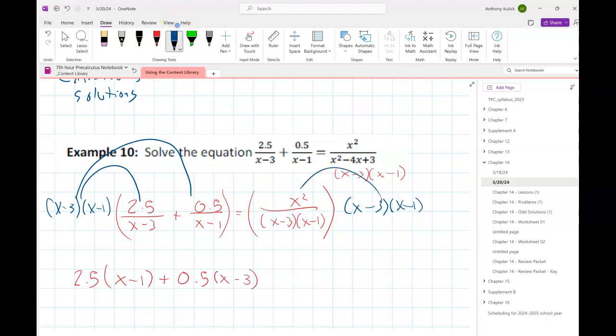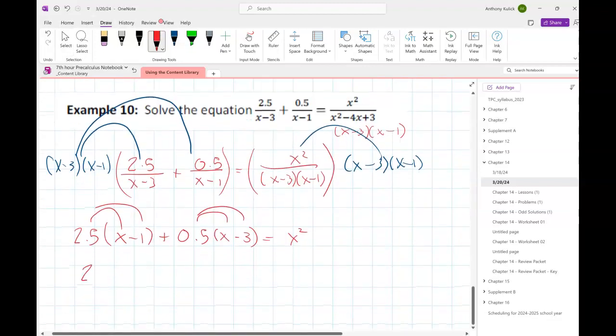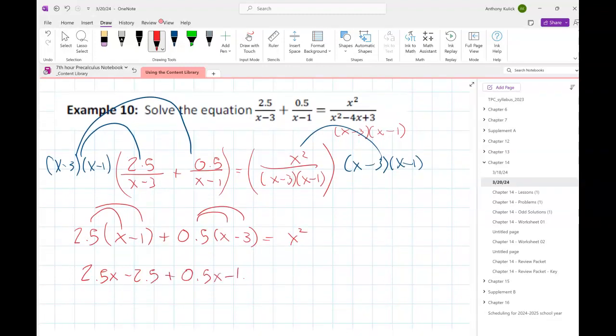And when I multiply it to the right-hand side, what do I get? Awesome. Then we just distribute things back out. I combine some like terms.